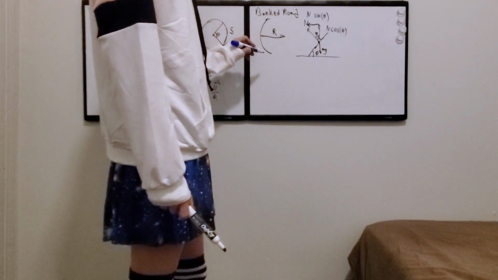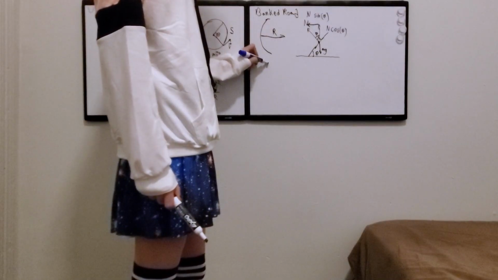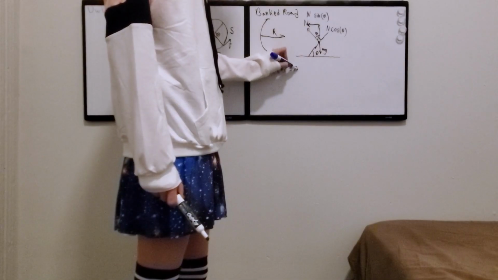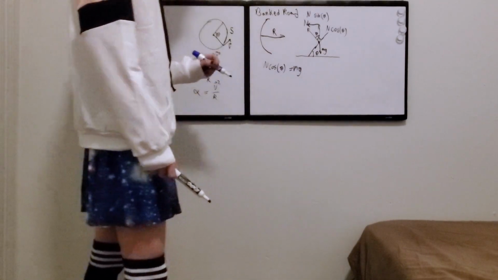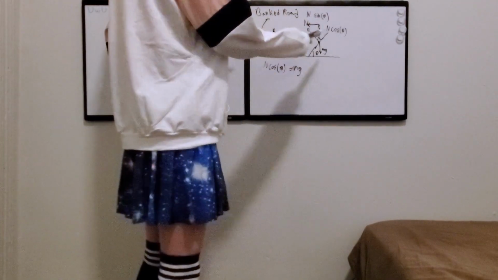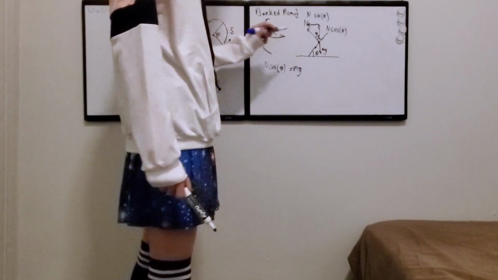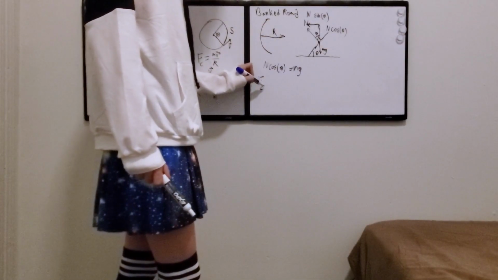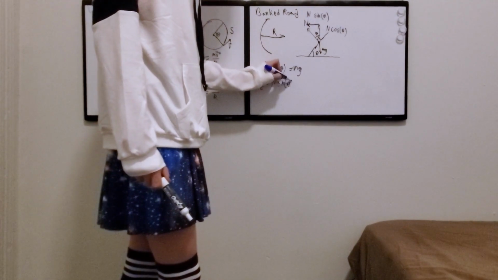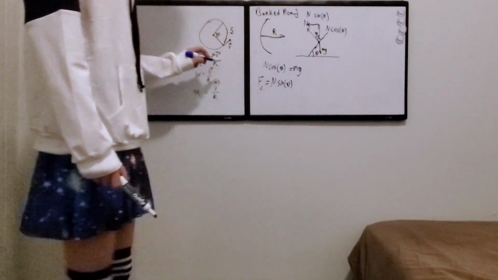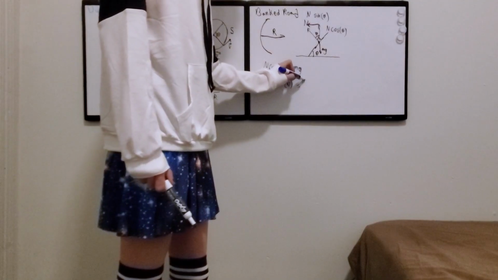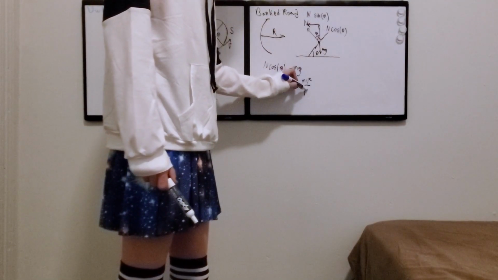So that means that our N cosine theta is going to be equal to mass times gravity. And also, this horizontal force is going to be the same as our centripetal force. They have to be equal. So our force centripetal is going to be N sine of theta. But from here, we know that force centripetal is also equal to mv squared over r.